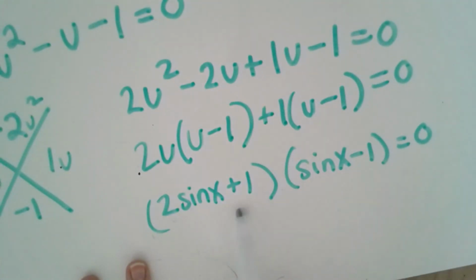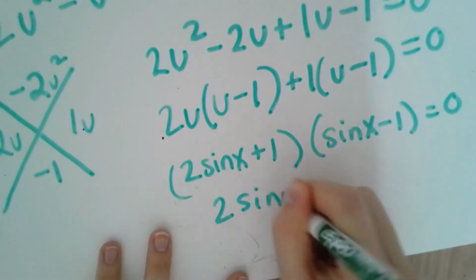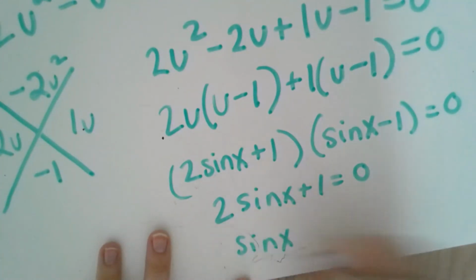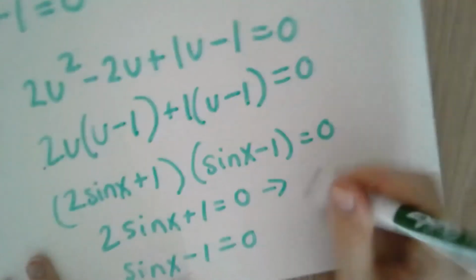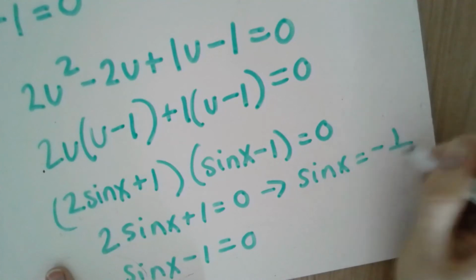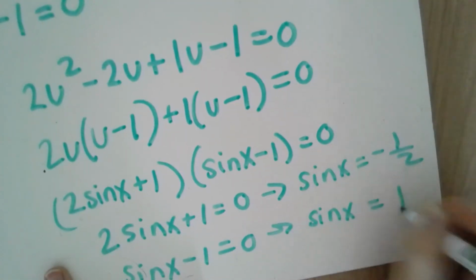So now we have two things that we can set equal to 0. So we've got 2 sine x plus 1 equal to 0, and sine of x minus 1 equals 0. We can solve this. We'll get sine of x equals negative 1/2, and sine of x equals 1.